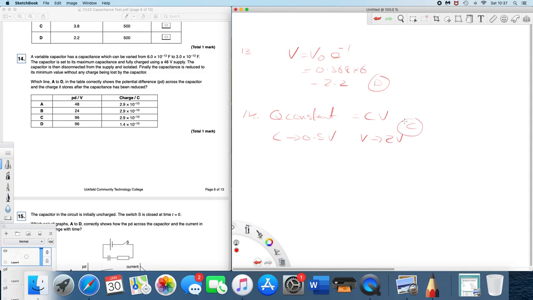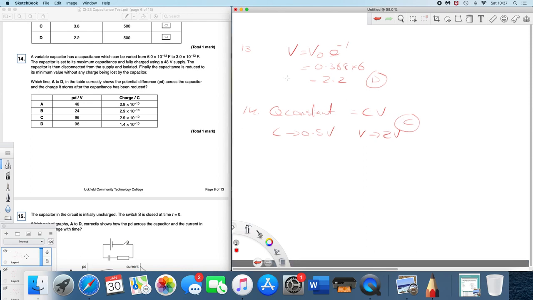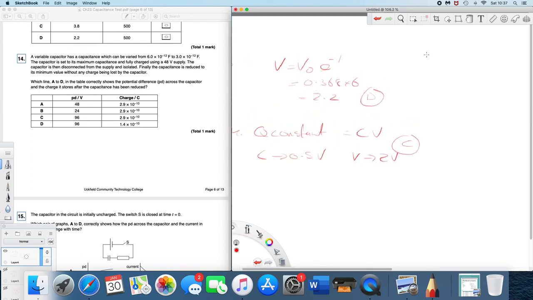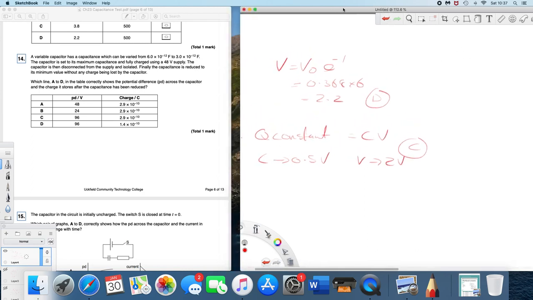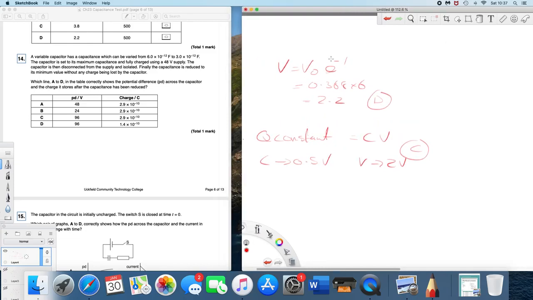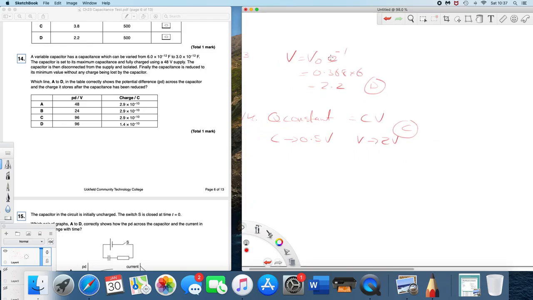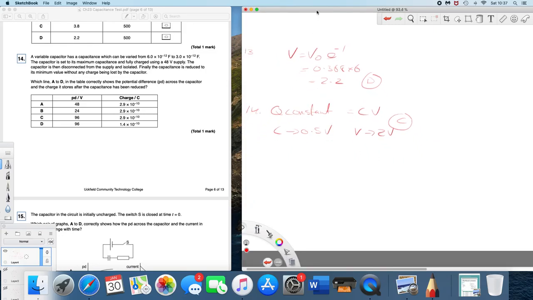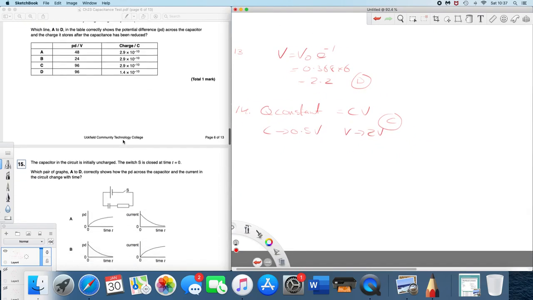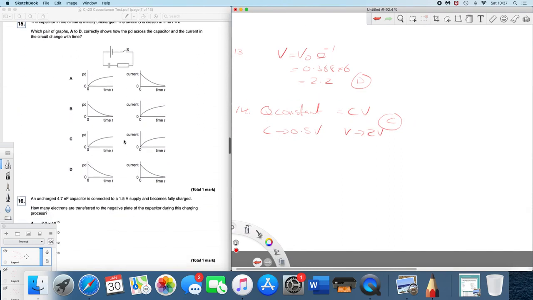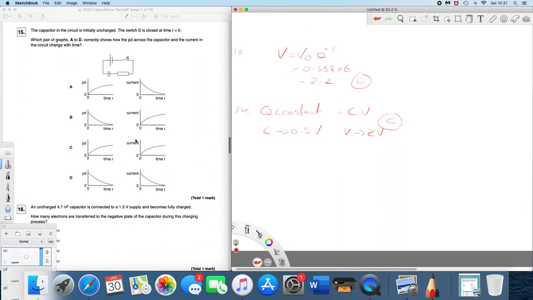Question 15. The capacitor in the circuit is initially uncharged, the switch S is closed at time t equal to 0.